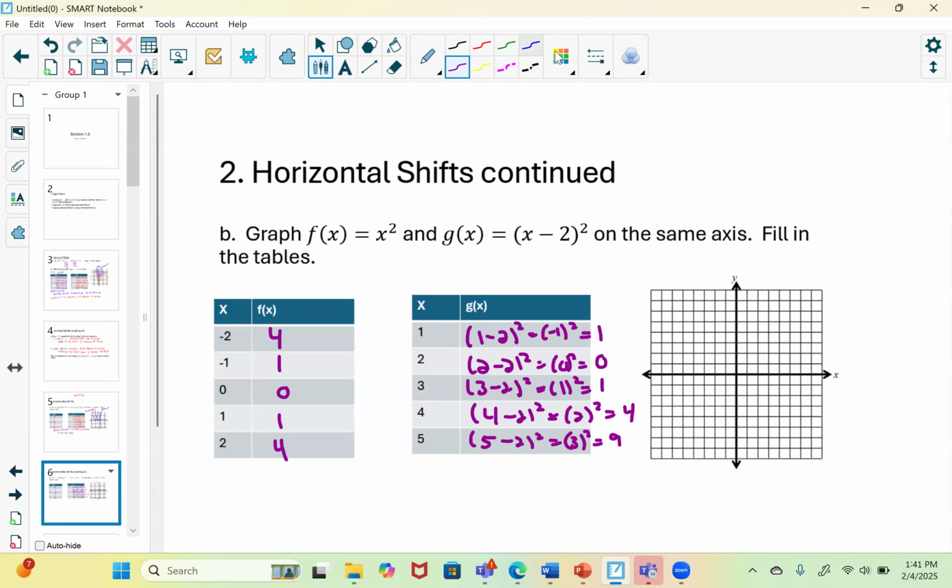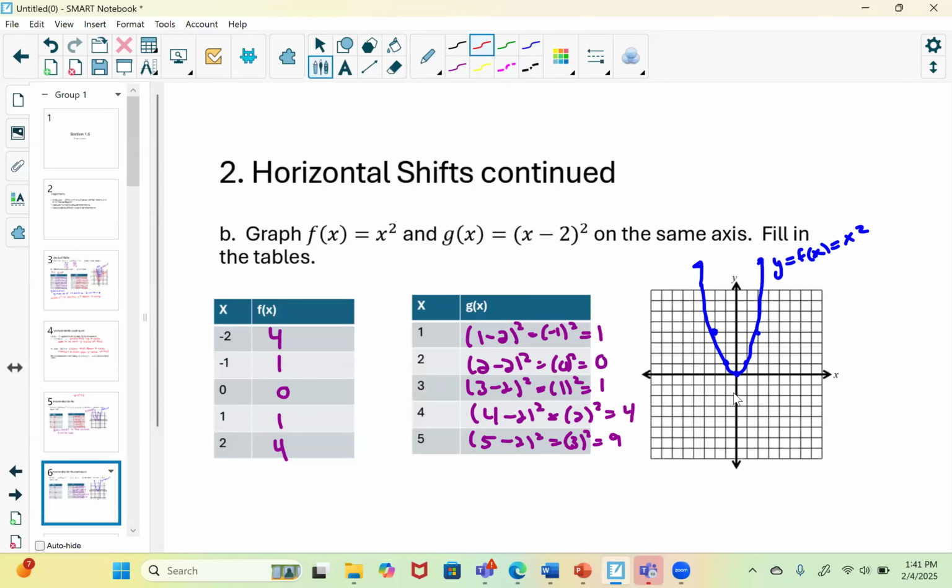Then I'm going to plot my two graphs again. So I have my original y equals f of x, which is x squared.